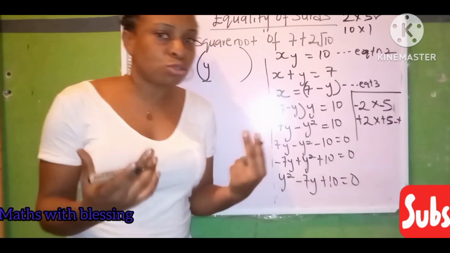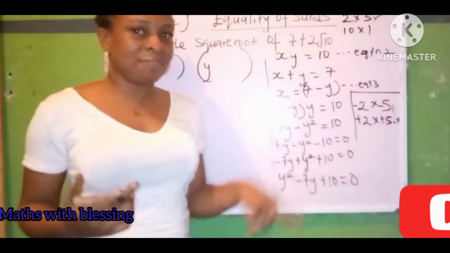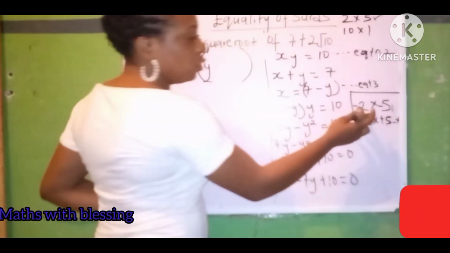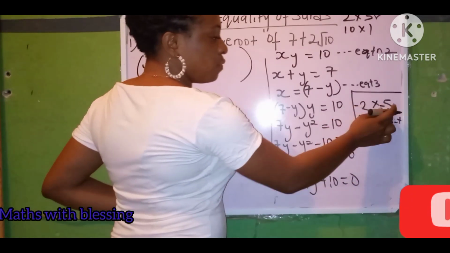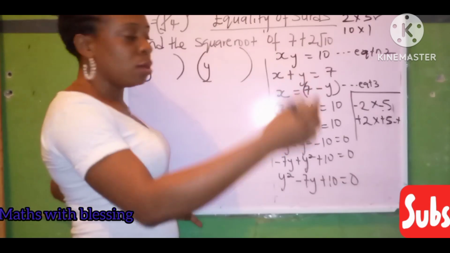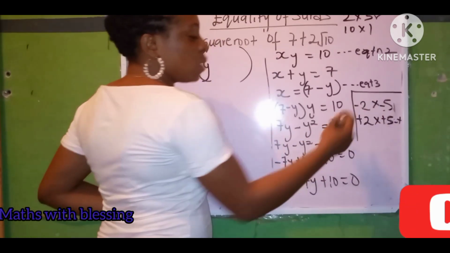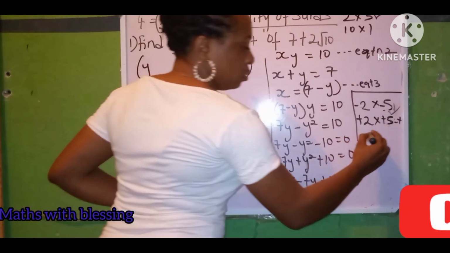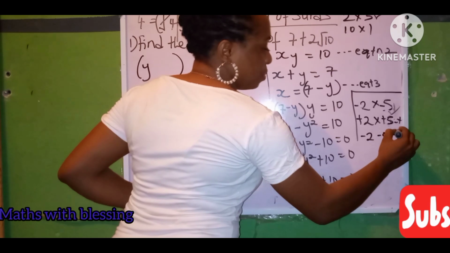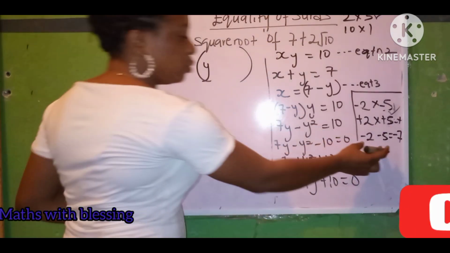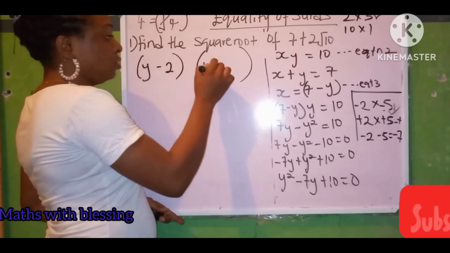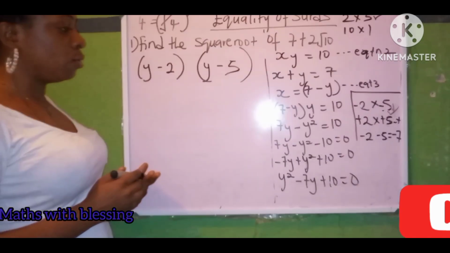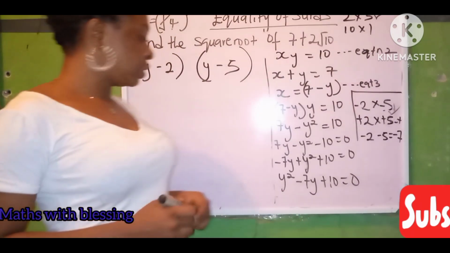To choose the particular one we're looking for, we have to make use of the -7. Between these two options, the one that will give you -7 is -2 and -5. So you choose -2 and -5. These are the two factors that give you +10 and -7.